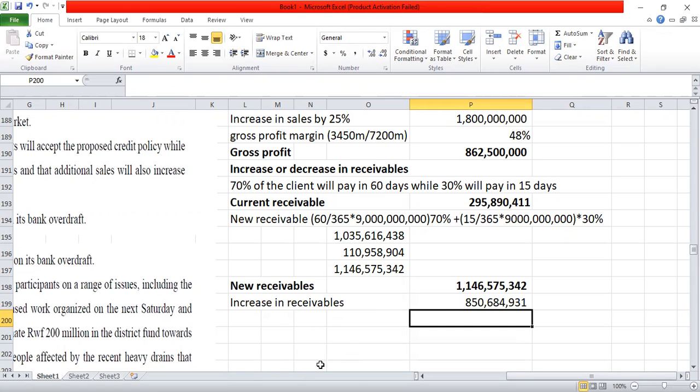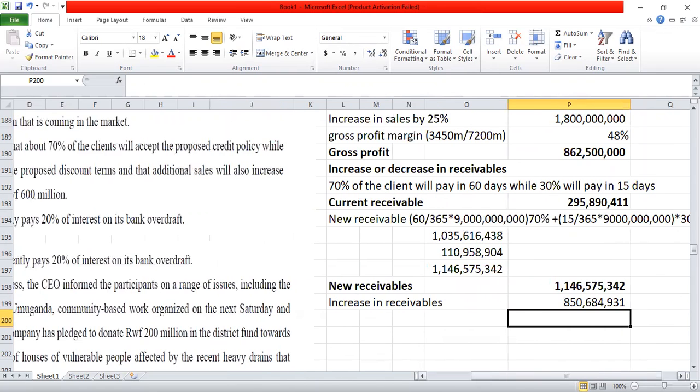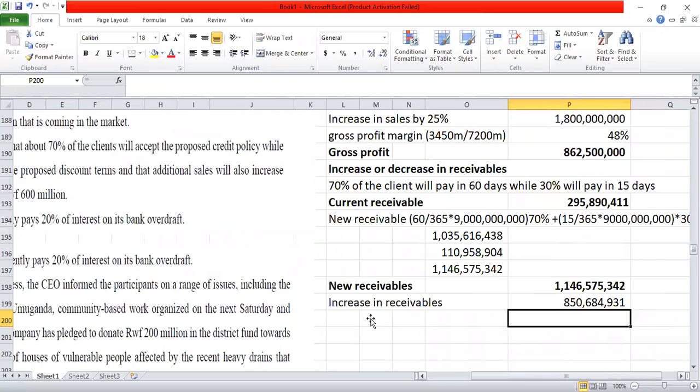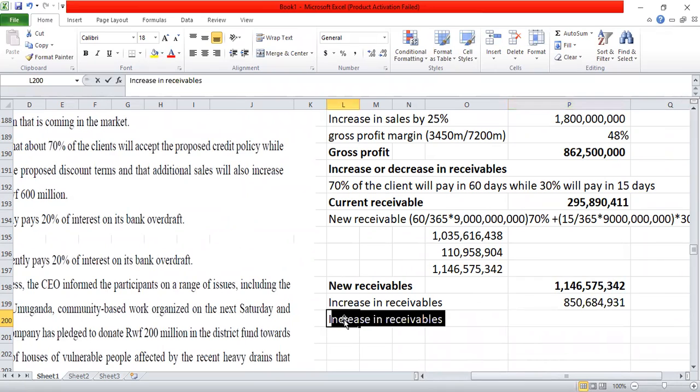So, the question says that the overdraft is 20%. So it means this receivable will be financed. So we're going to have an increase in finance cost, which will be 20% times 850.